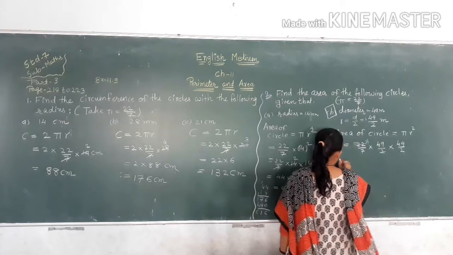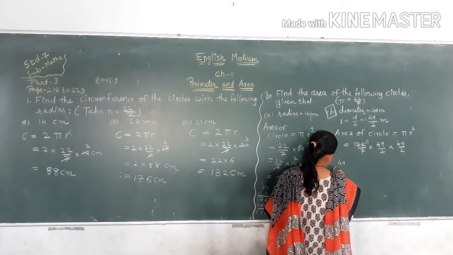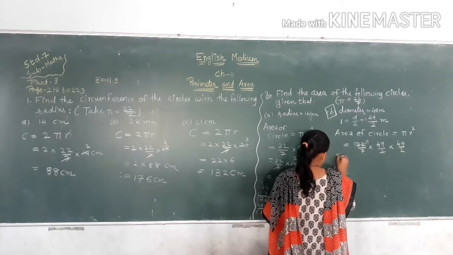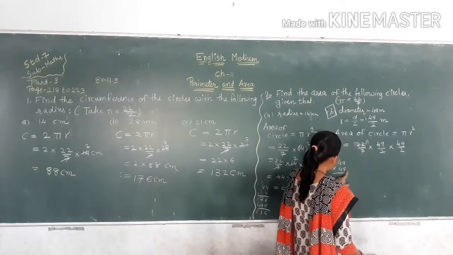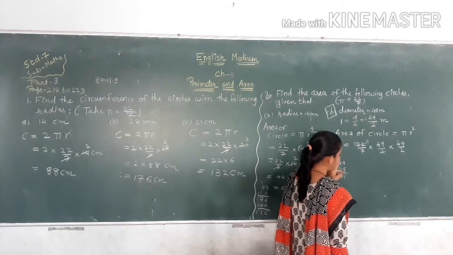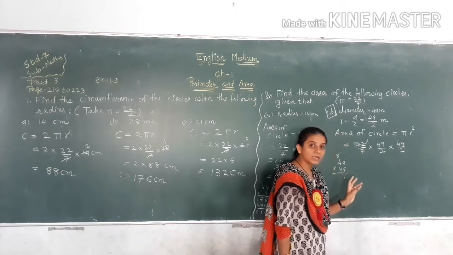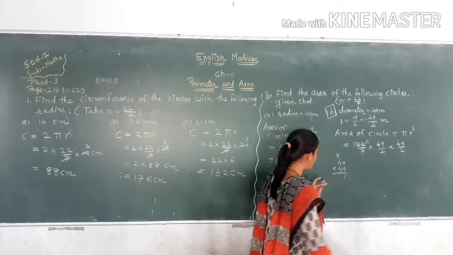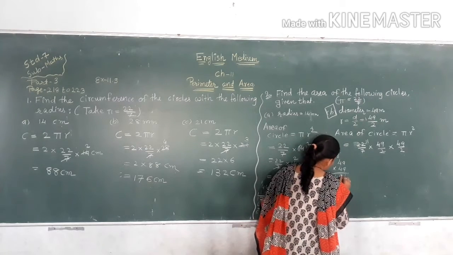Now 49 multiplied by 49. 9 nines are 81, carry forward 8. 4 nines are 36, plus 8 is 44. Here 44.